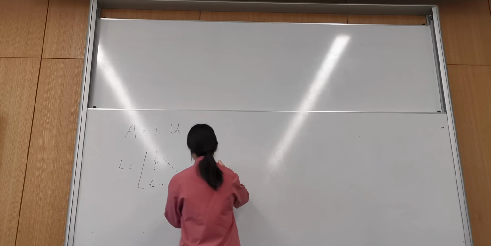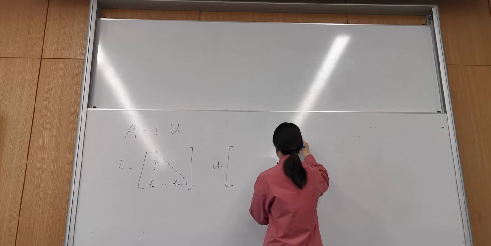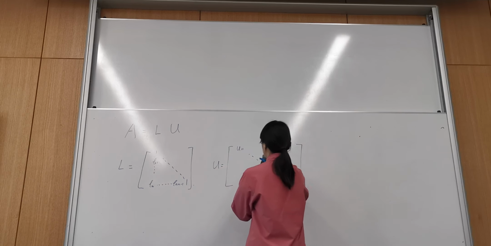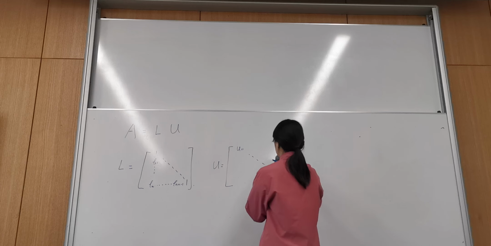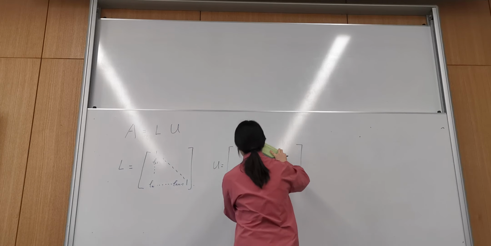And our U will look like this. So we have U11 to UNN on the diagonal and other entries on the upper triangular part.